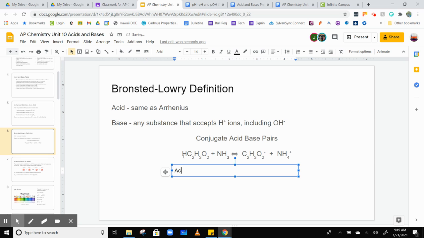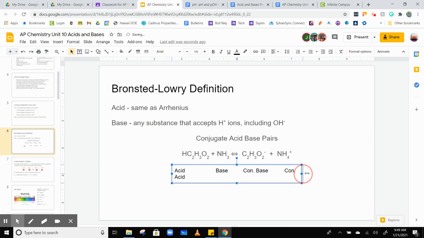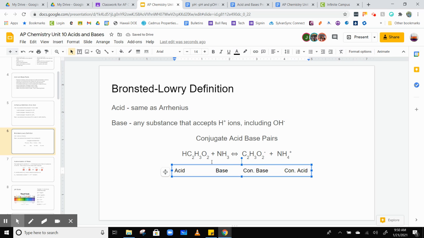So acid, base, conjugate base, conjugate acid. Again, the conjugates are always in the products, and the acids and bases are always in the reactants.